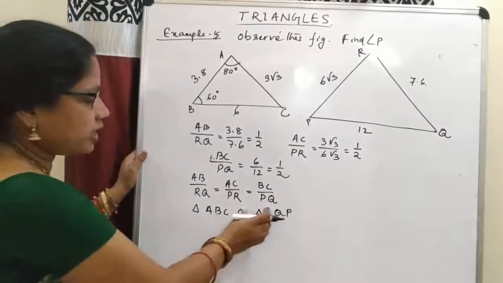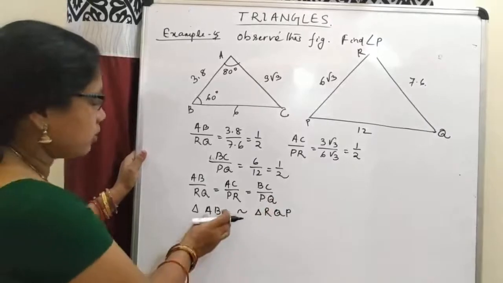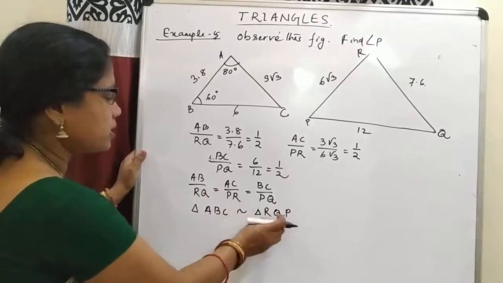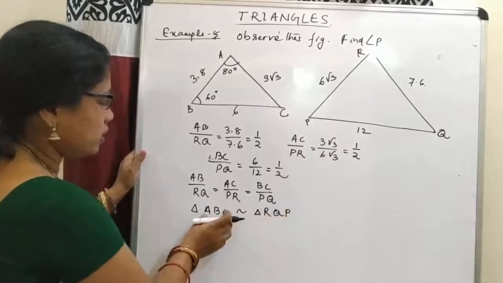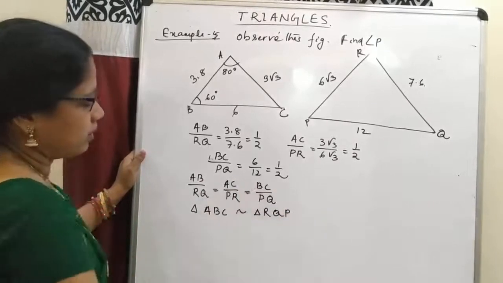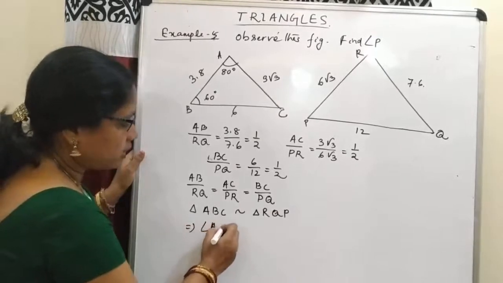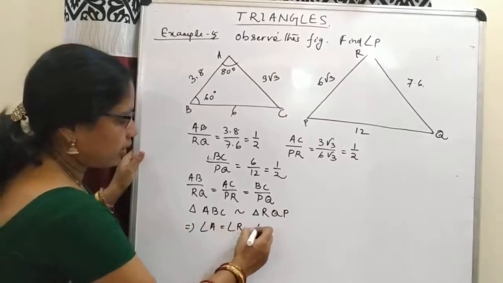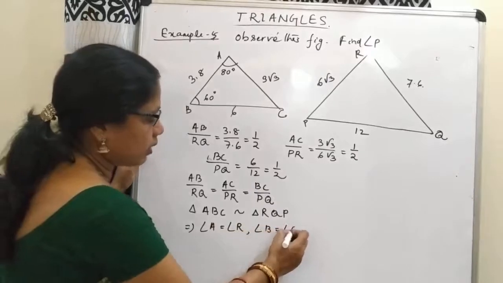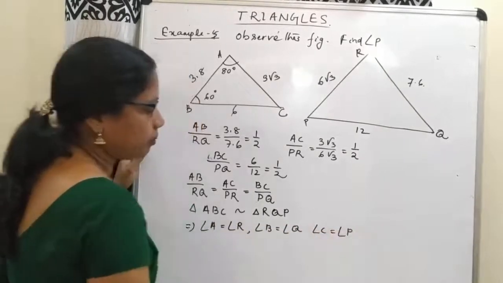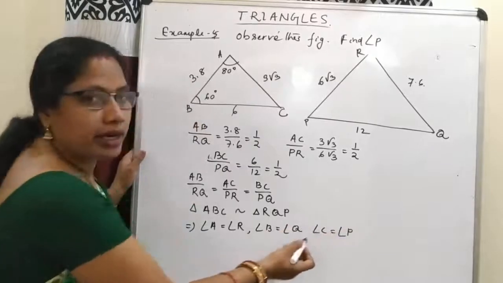So corresponding sides are in the same ratio. That means AB by RQ is equal to BC by QP is equal to AC by RP. So this implies angle A is equal to angle R, angle B is equal to angle Q and angle C is equal to angle P. So we have to find angle P here.